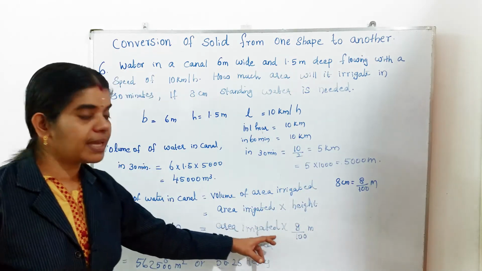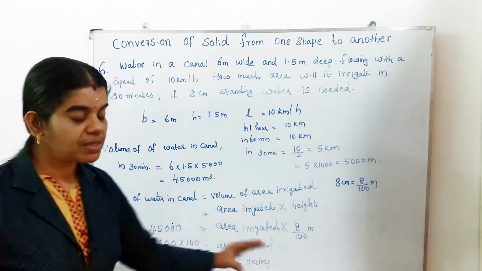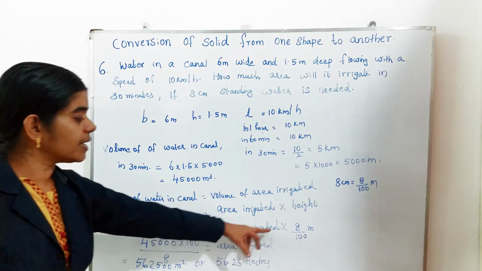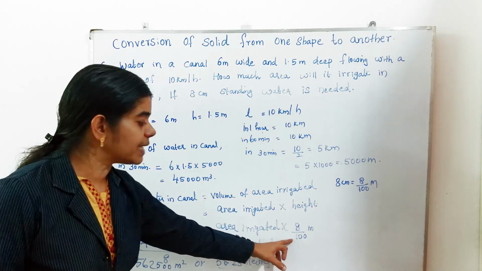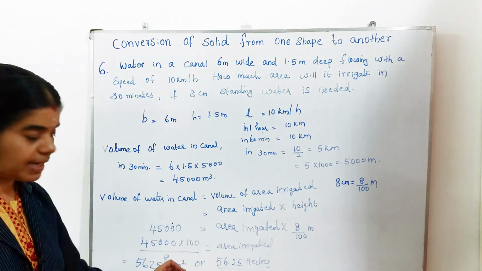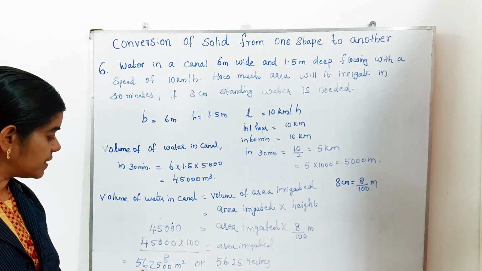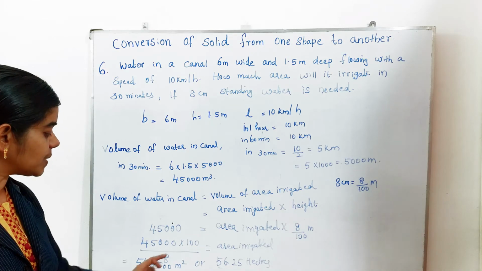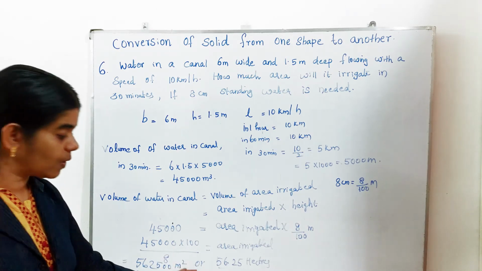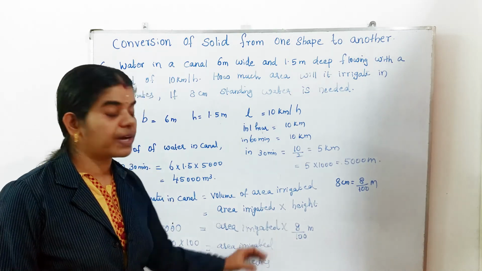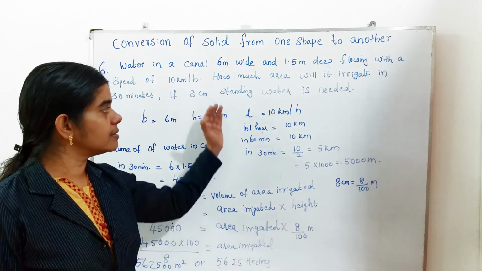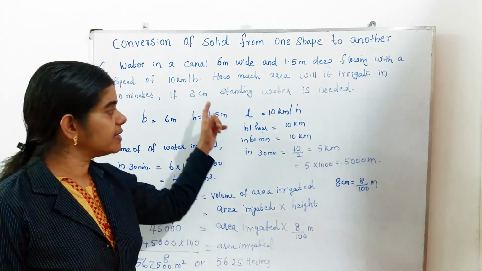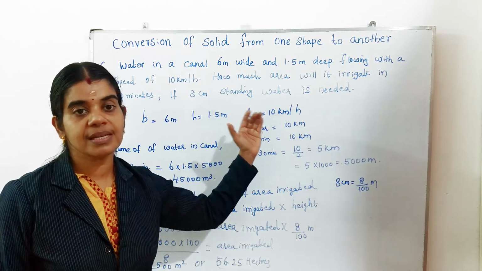So 45,000 equals area irrigated into 8 by 100 meter. Then you want to find the area irrigated, so we take this as 100 by 8. Then you will get 5,62,500 meter square, or 56.25 hectares, area will be irrigated if 8 centimeters standing water is used.